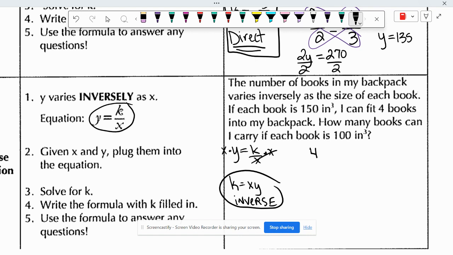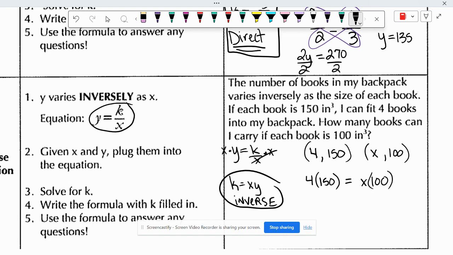For 150, that was my first ordered pair. And then I don't know how many books I can fit when the size is 100. They vary inversely, so the products are equal to each other: x times y has to equal x times y.